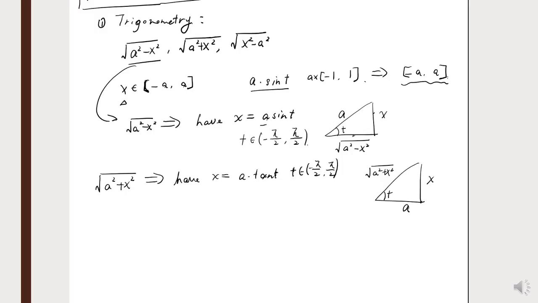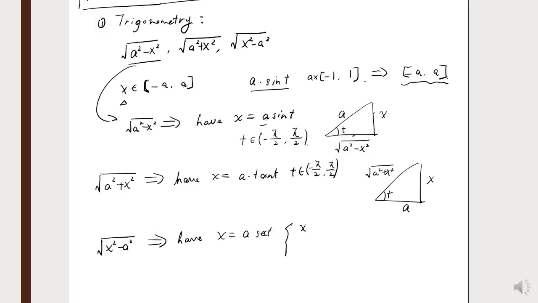Okay, so let's continue. Finally, if you follow the same routine, you can find this one, x squared minus a squared, so we can have x equals a sec t.